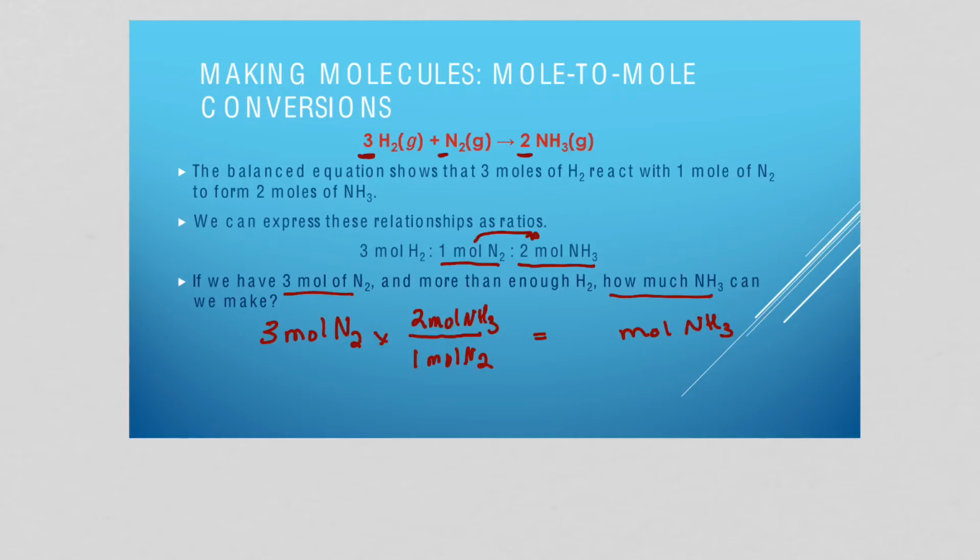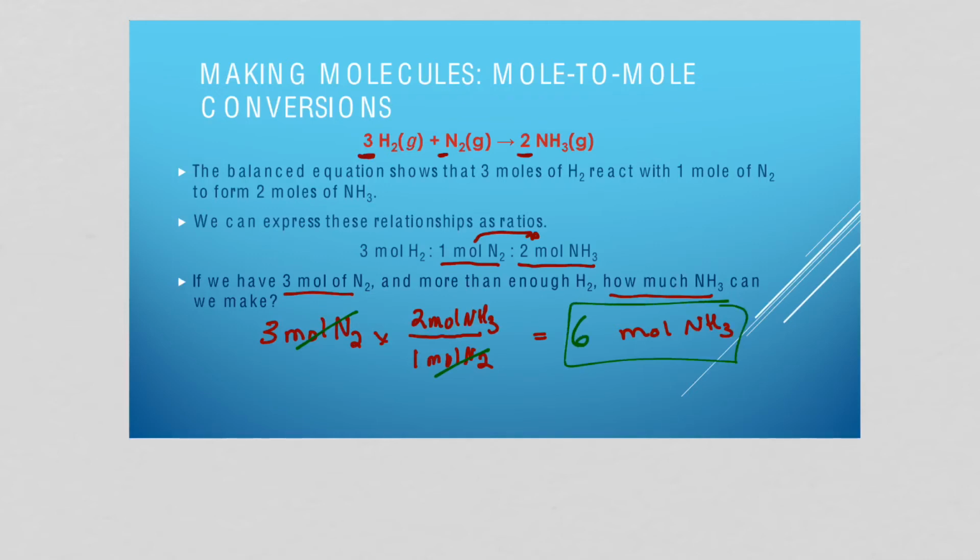So there is a 2 to 1 relationship between ammonia and N2. I wrote it like this because I'm starting with N2, so I need N2 on the bottom to cancel. Now it's just a matter of doing the math. 3 times 2 divided by 1, I get 6 moles of NH3.